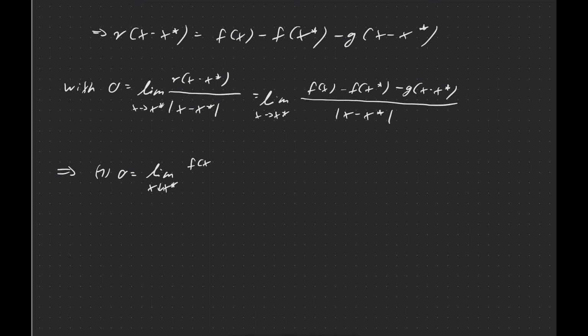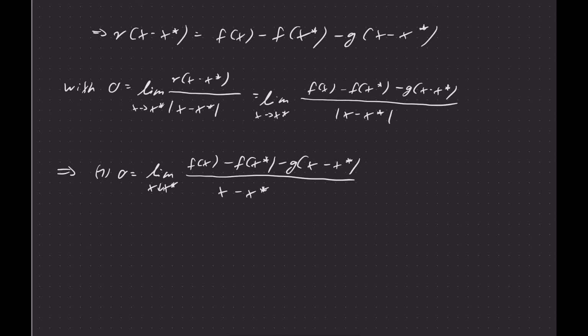And let's copy that first. Oh, sorry, f of x here minus f of x star minus g times x minus x star. And then this absolute value can just be forgotten about, because that expression is always non-negative.